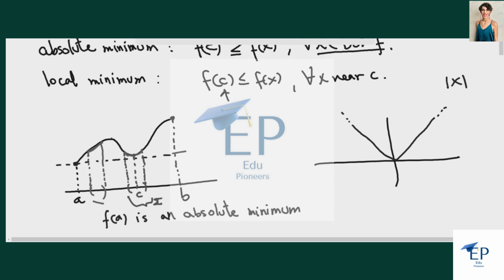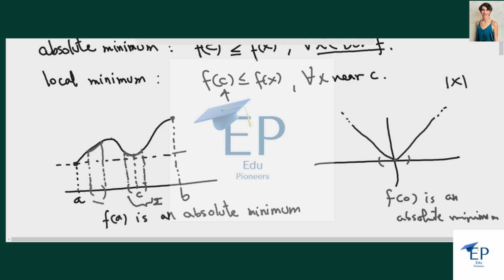And in that graph, as you can see, if we look close to the image of 0, which is 0, no matter how close you look, the smallest value is 0, the image of 0. So here, f of 0 is an absolute minimum, because if you look at the whole domain, suppose the domain is the whole real line, it is the smallest of the values.